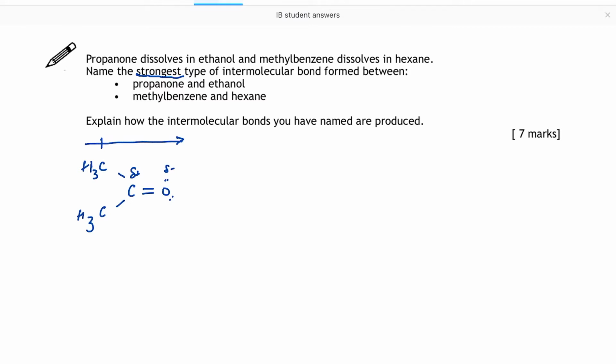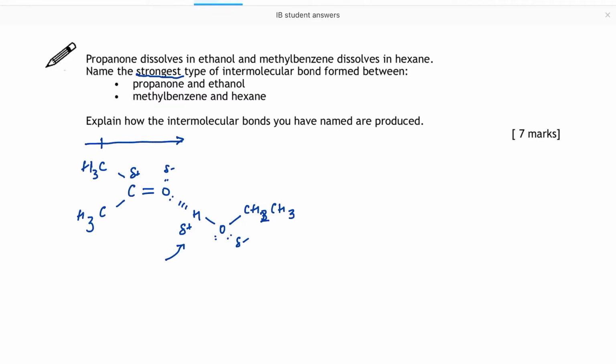With ethanol, if I draw the hydroxyl group out first, and then we've got the ethyl group, CH2, CH3, delta plus, delta minus, I can see here that because I have got a hydrogen bonded to a very electronegative oxygen, it's not just delta positive, it is very delta positive.